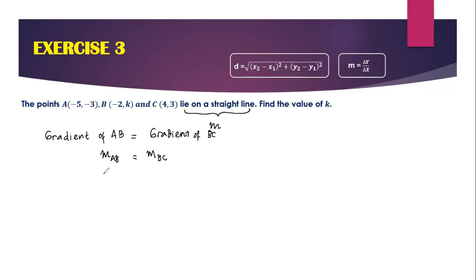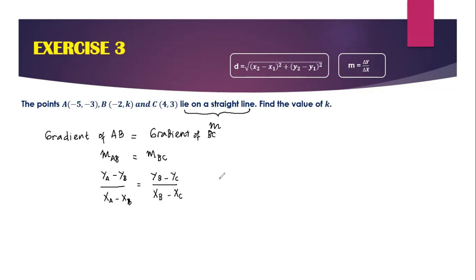Okay, next. YA minus YB over XA minus XB equal YB minus YC over XB minus XC.